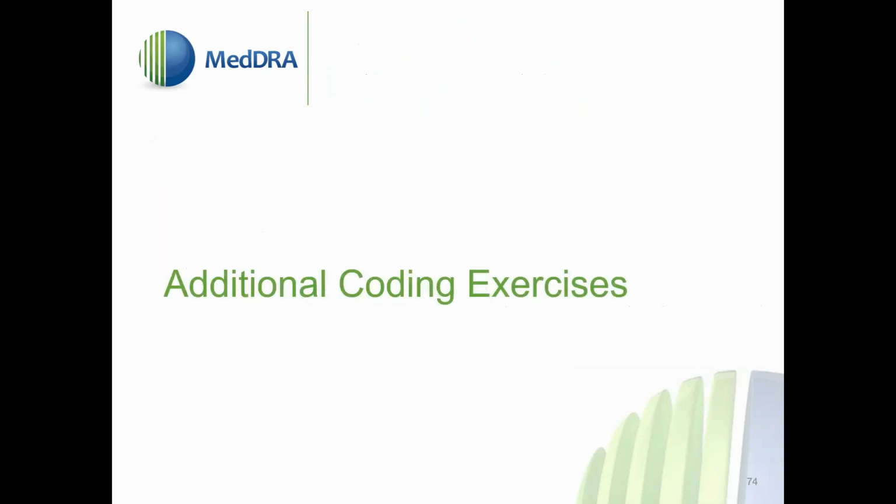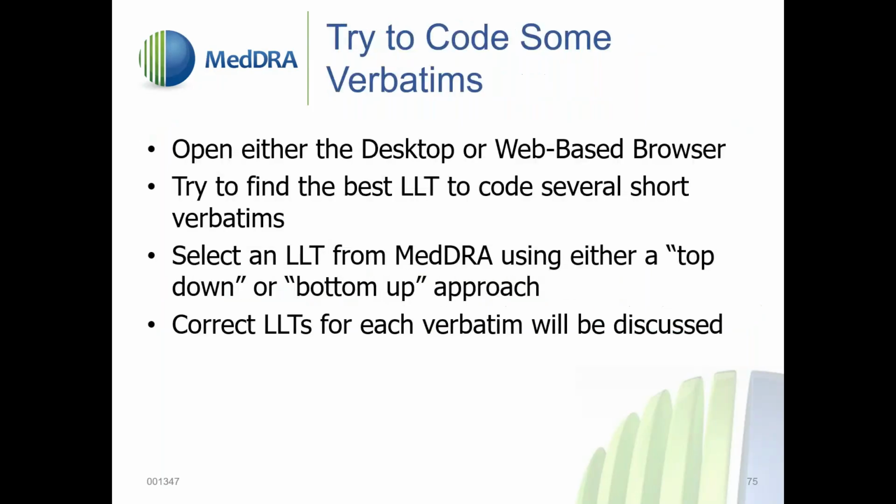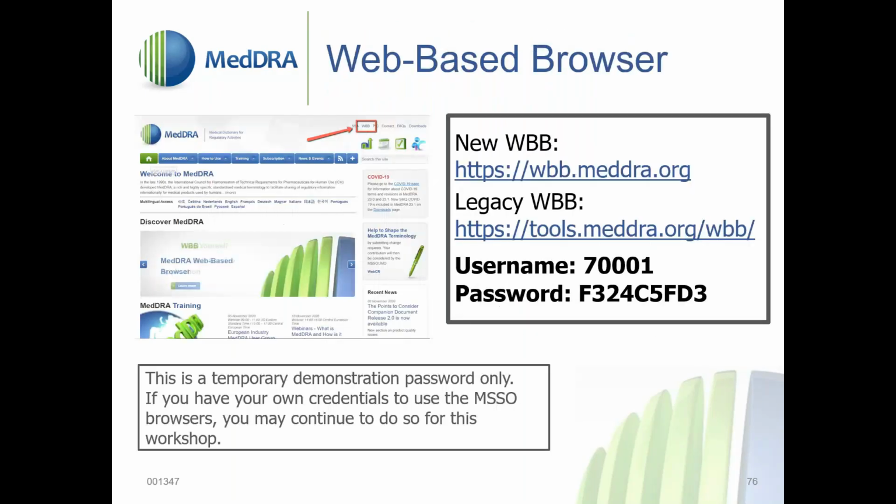Now, we are running out of time, but I would like you to try at least to do some coding yourself. So this is how you can access the browser, either the new one or the legacy web-based browser, depending on your preference.